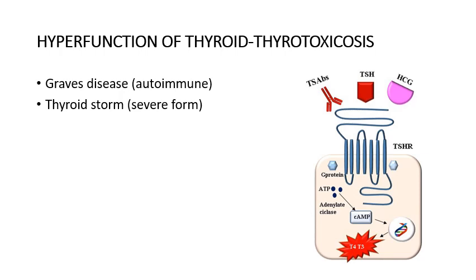And thyrotoxicosis in its severe form is called thyroid storm. So this extreme life-threatening condition is precipitated by infection, stress, trauma or myocardial infarction. So it is a severe form of thyrotoxicosis.